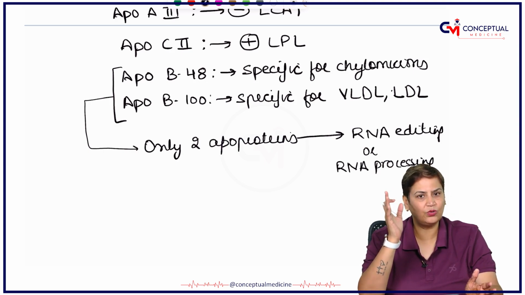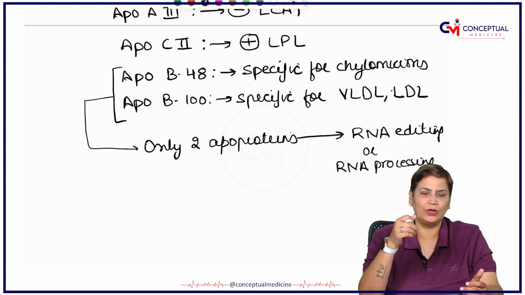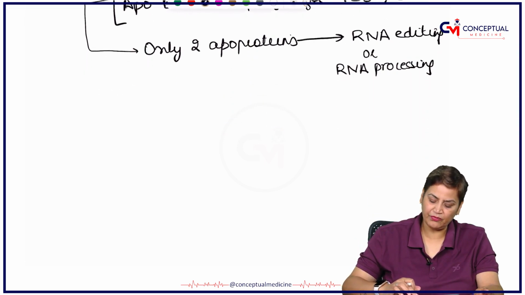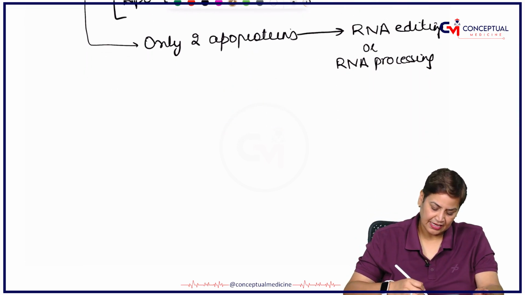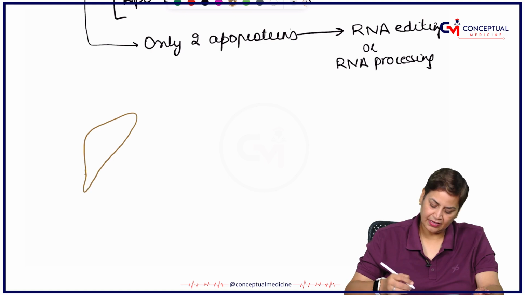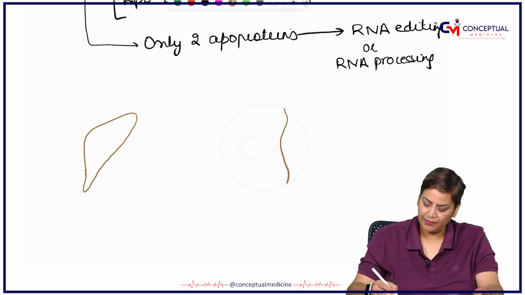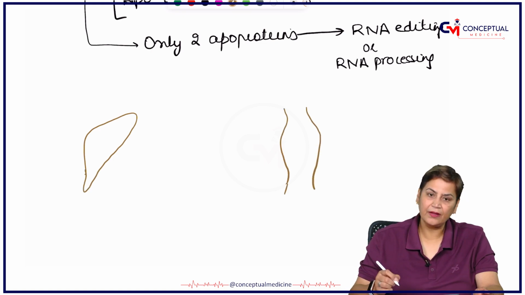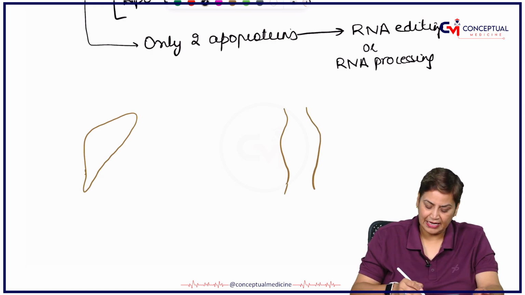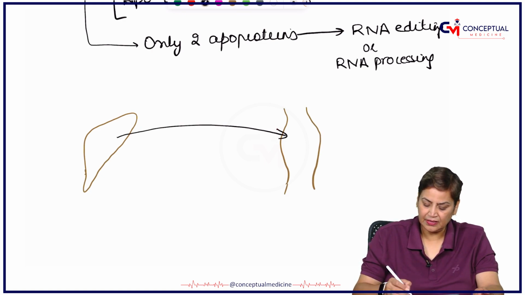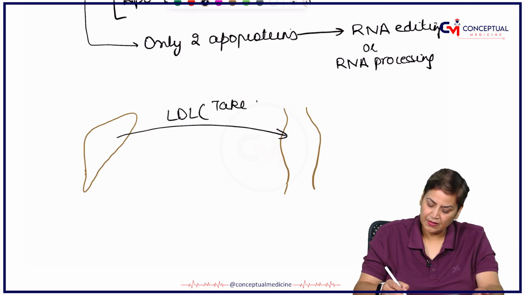HDL is known as good cholesterol, LDL is known as bad cholesterol. If we have to differentiate, suppose this is the liver and these are the extrahepatic tissues. What is the function of LDL? LDL will take cholesterol and deposit it.